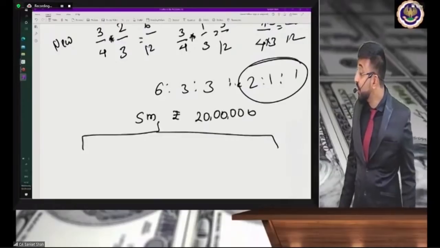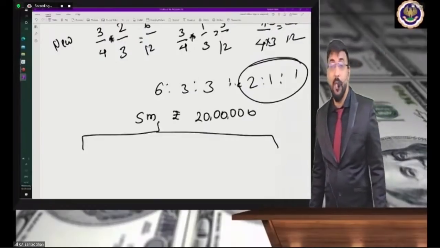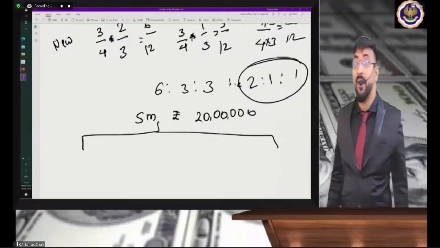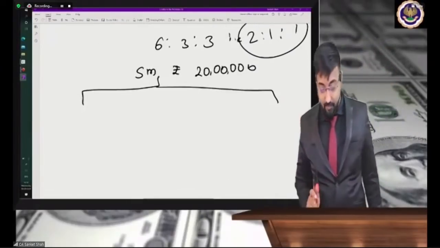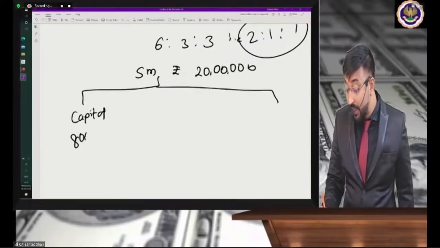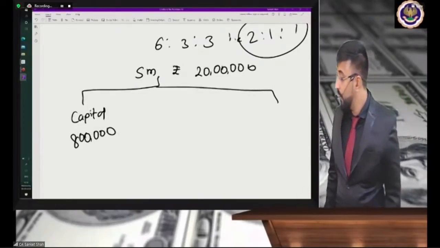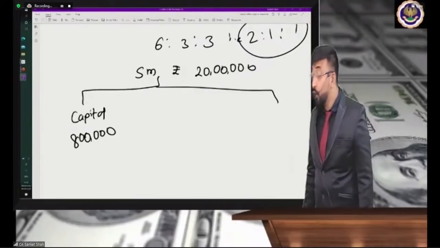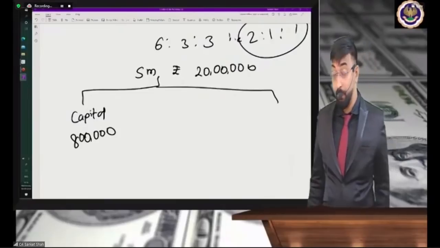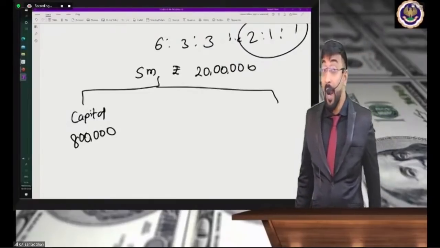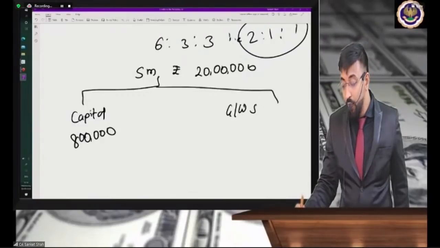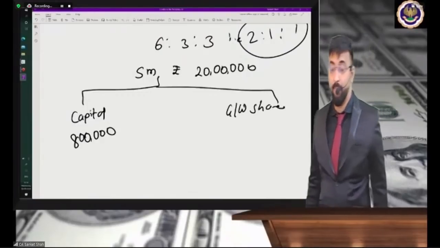But wait, he brought 8 lakhs rupees towards capital. Please be focused. Capital 8 lakhs, and the remaining amount towards goodwill share.